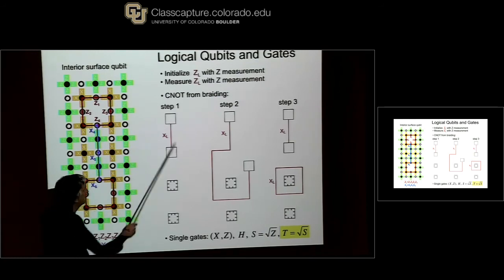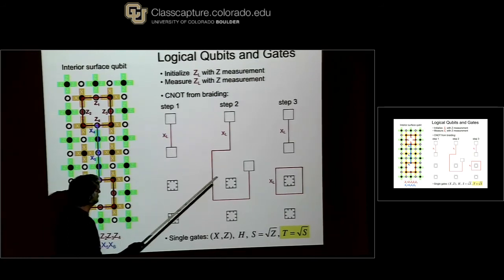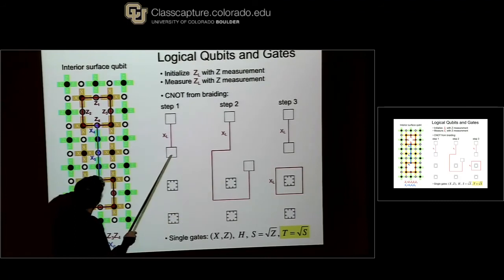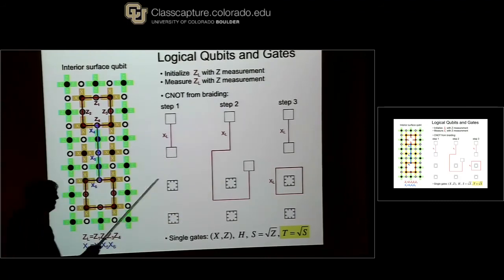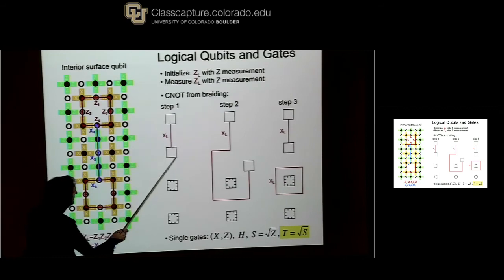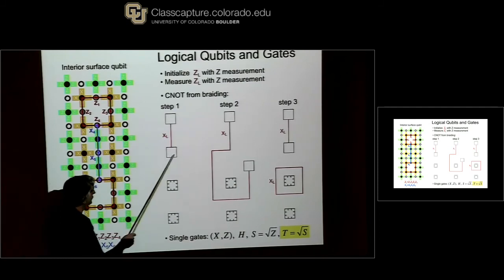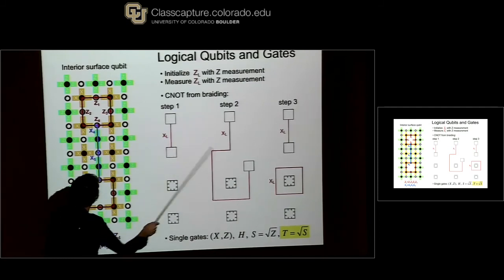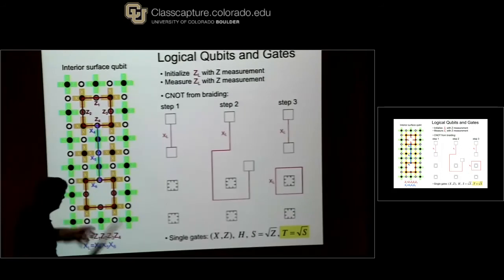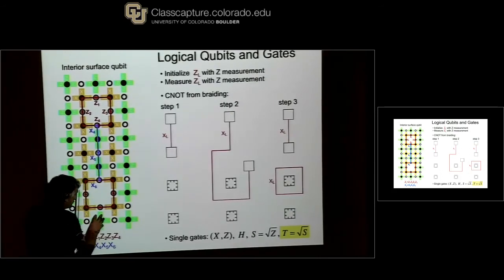If you want to do gate operations, for example, the CNOT, what you do is you take one of these, you have this being a pair of qubits and this being a pair of qubits, okay? And then what you do in this step from here to here is you take this hole and you start opening it up by stopping doing measurements, okay?